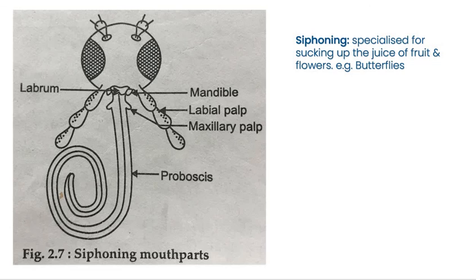When the proboscis is not in use, it remains coiled up. Here you can see the proboscis is a coiled structure because it is not in use. But when a butterfly or moth is feeding on the nectaries of flowers, you can observe the proboscis remains straight, that is, it becomes uncoiled during the time of feeding.